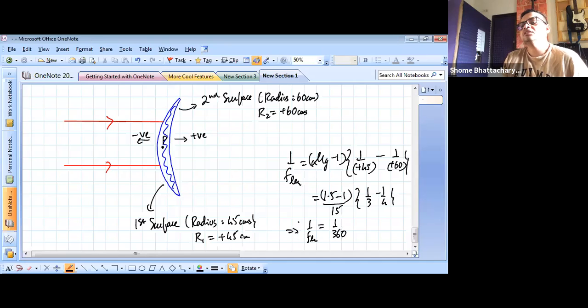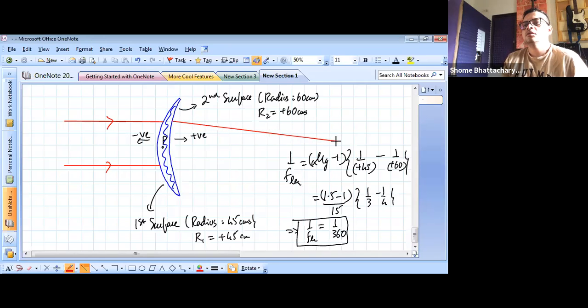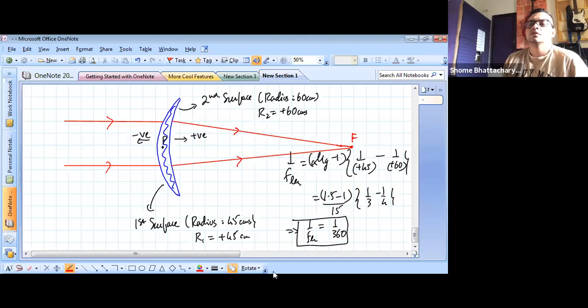So the conclusion is the same. This is behaving in exactly the same manner. There's no difference at all, and this is true about all lenses. So it's a real focal point.